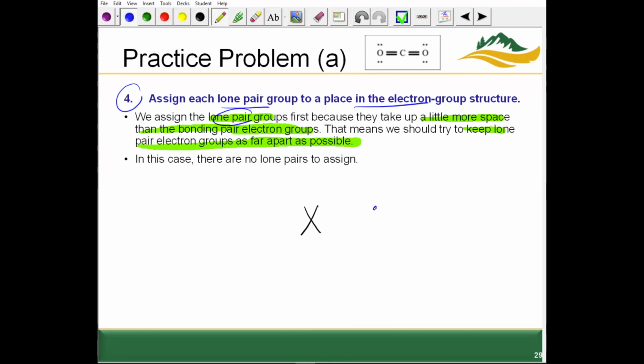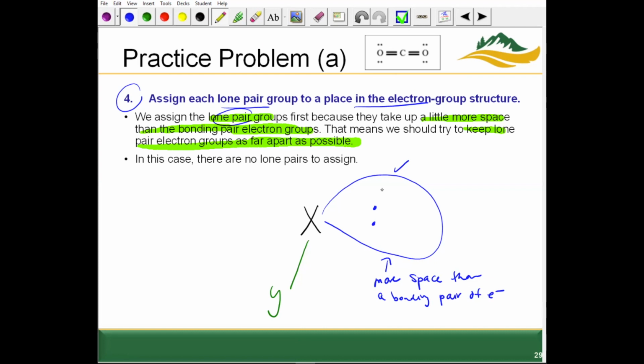For example, a lone pair of electrons off the central atom takes up a lot more space, or at least a little more space, depending on the structure, compared to a bond from that atom. So this lone pair of electrons takes up more space than a bonding pair of electrons like this.